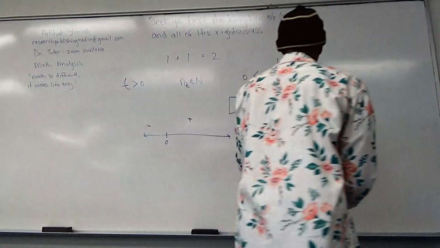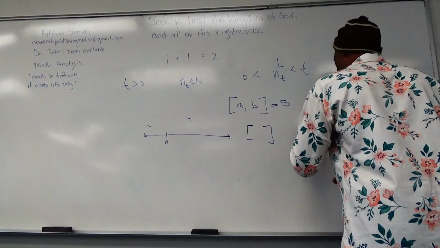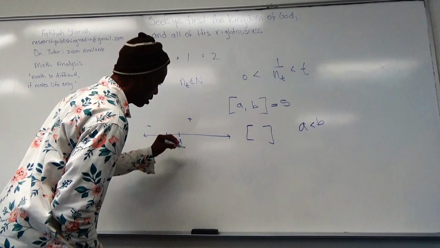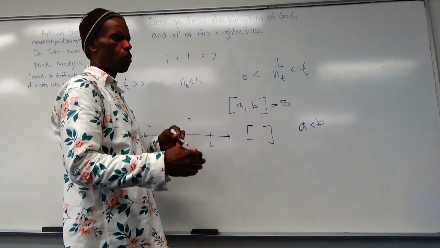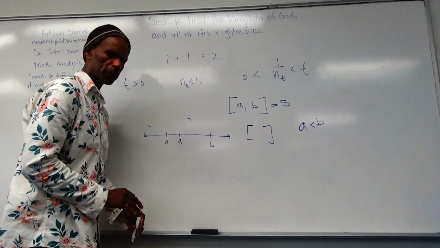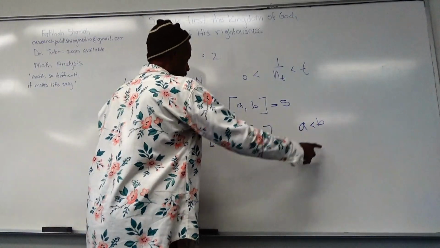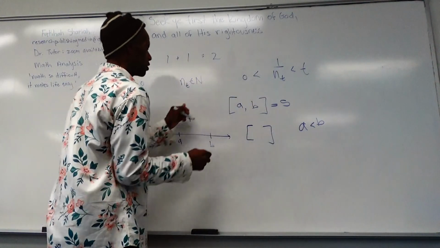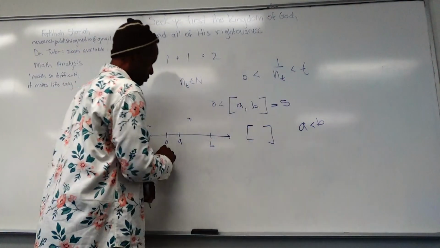And we're going to say that the relationship between A and B is A less than B. That means that on a number line, you have A and you have B. Normally, we would specify that A was greater than 0, but we're just going to keep it moving. But we did specify that A is less than B. So if the closed set S is greater than 0, then A and B are to the right of 0.